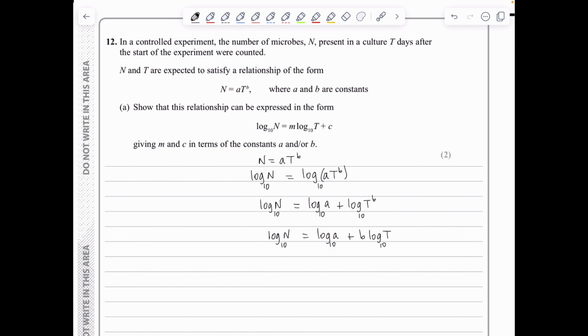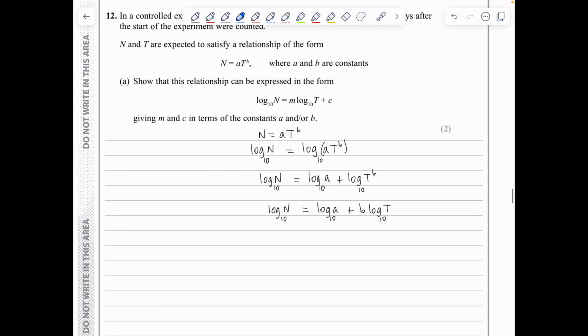If we compare this with what we are given, which is log N base 10 is equal to C plus M log T base 10, then we can see that the log A is the C and the B is the M. So the only thing we need to do is state that C is log A base 10 and M is equal to B.